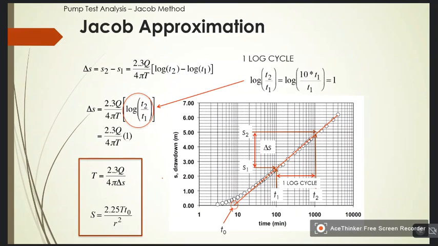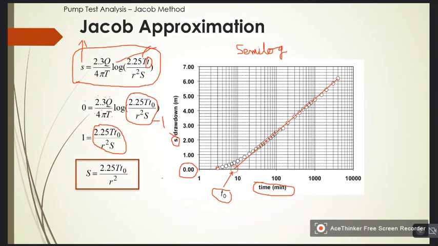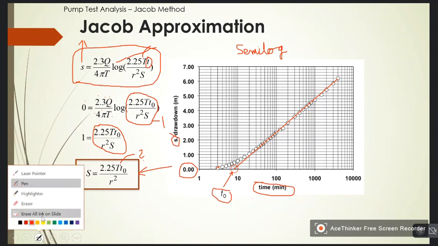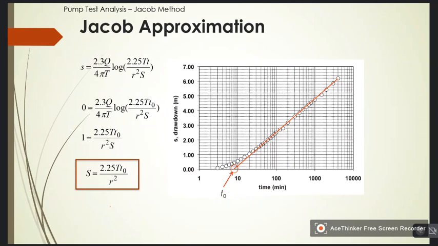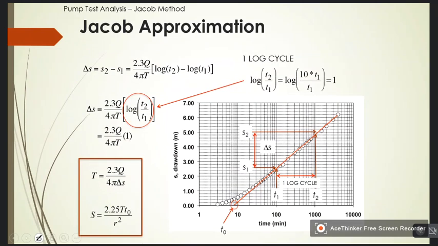Now, the work is not over, because still your T value is not known. If you want to calculate S, capital S, that is the storage coefficient, from this equation, the value of T must be known. So the next step, you go back to your sheet and select one cycle.